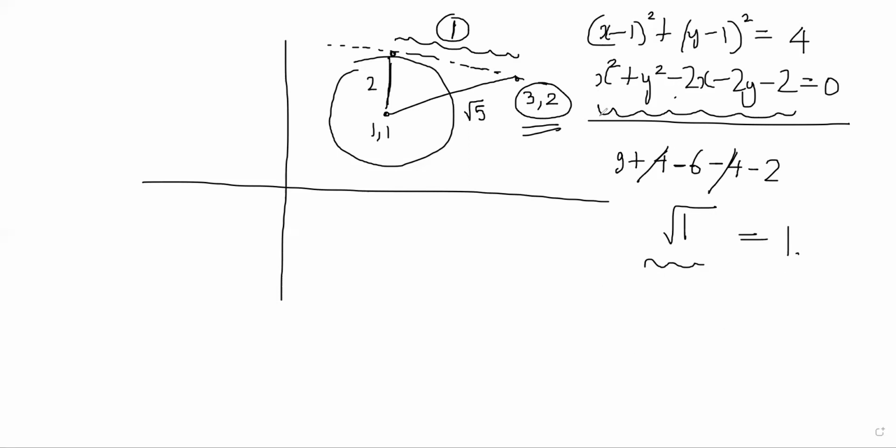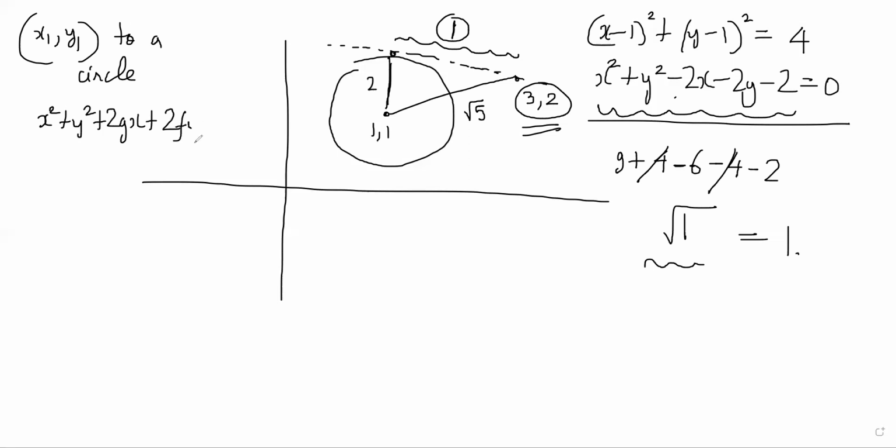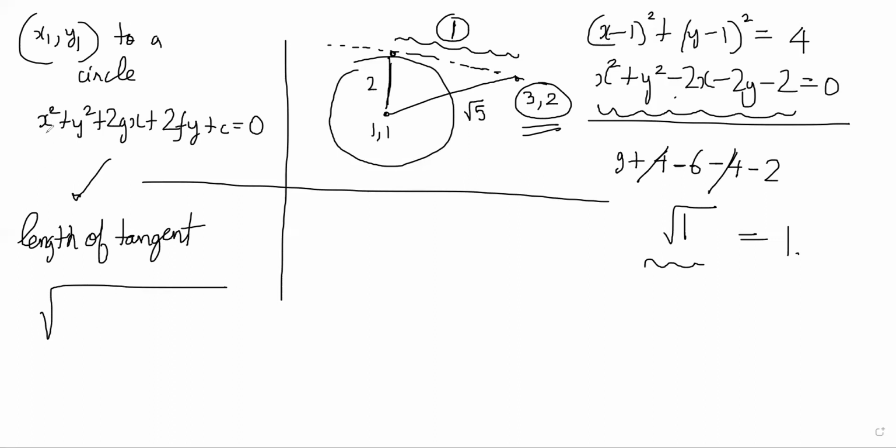So basically, from an external point (x1, y1) to a circle x square plus y square plus 2gx plus 2fy plus c is equal to 0, the length of tangent is basically the root of the value you get when you put that point in the circle equation.